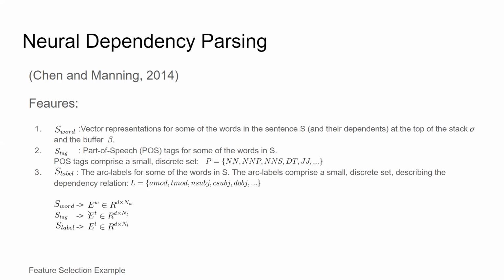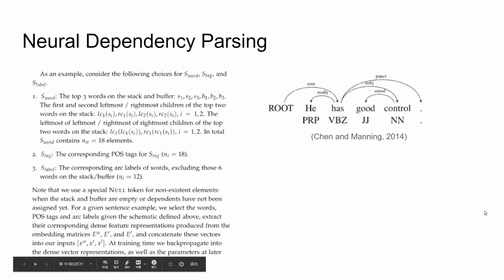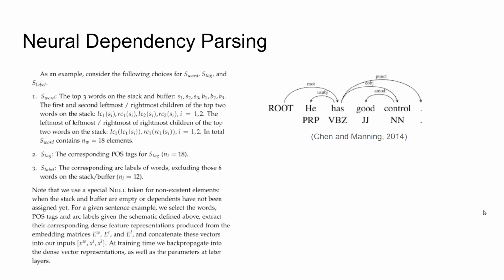So here it's a list of words and their corresponding embeddings. So there's an embedding matrix of the words, an embedding matrix of the POS tags, and an embedding matrix of the dependency arcs. Okay, sorry about the noise. So now let's talk about the example here.